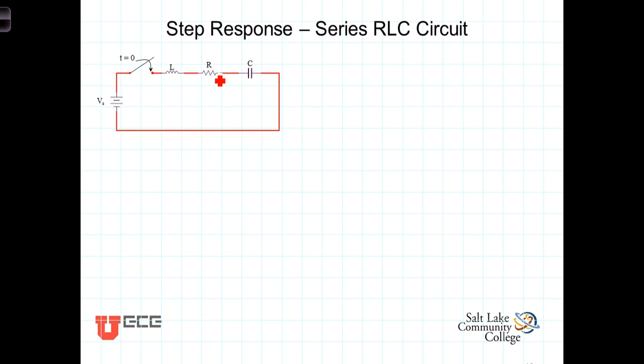Once again, we need to write a differential equation to describe the dynamic of this circuit. To do so, once again, we're going to be writing a Kirchhoff voltage loop around this circuit, where we're going to be summing the voltages, plus to minus V sub L, plus to minus V sub R, plus to minus V sub C. And I should say that the assumption on this derivation is that there is no initial energy in the circuit.